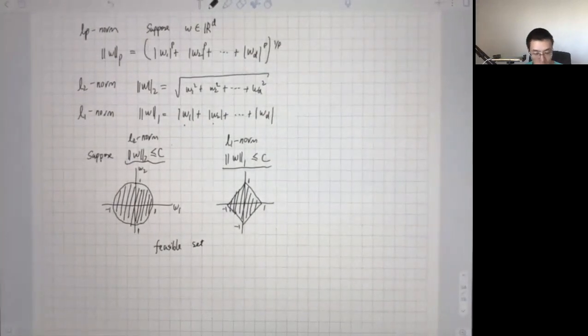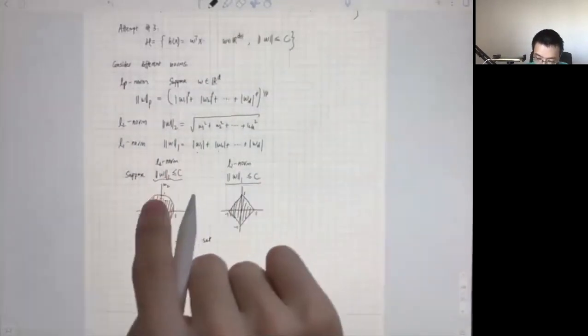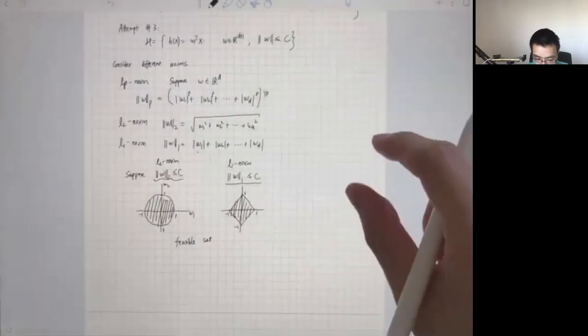So I'm saying the norm of the weights has to be smaller than or equal to a constant, which is C.